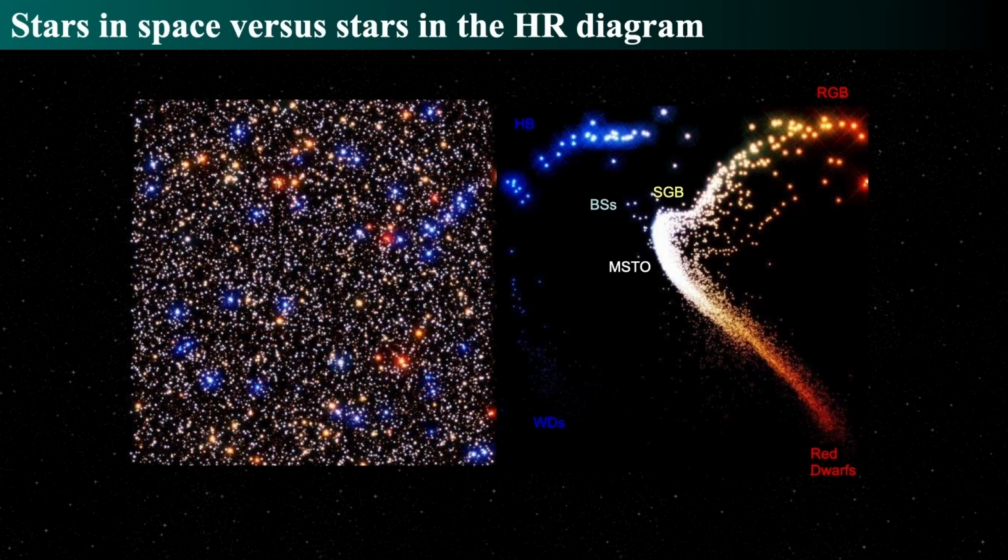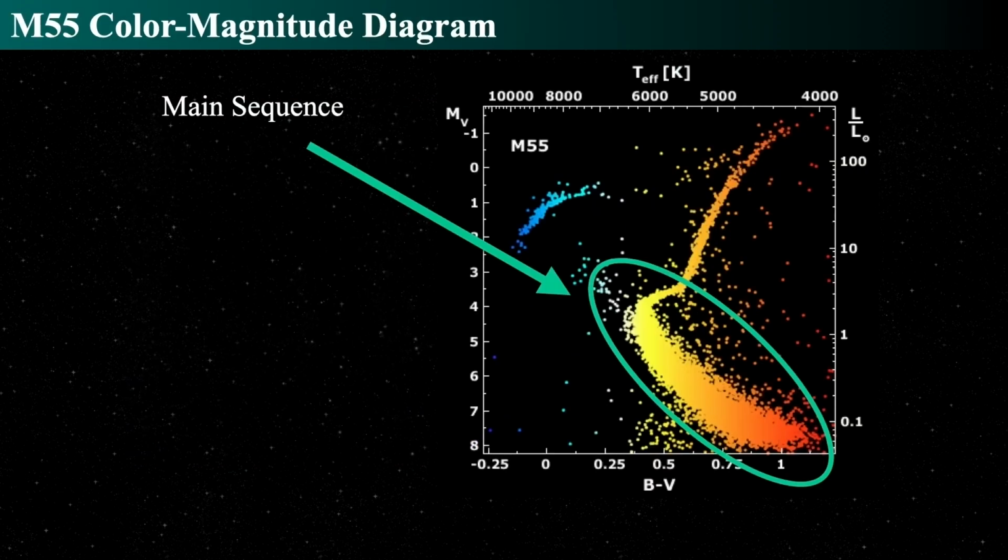And therefore, if we look at the HR diagram, taken by the Hubble Space Telescope group, we see a main sequence turn off, we see the red giant branch, we see the horizontal branch, we see white dwarfs, but most of the stars are red. In fact, all of the stars are red. The reason they look blue in that left-hand diagram is because the image was taken with narrowband filters, and relative blue was taken compared to relative red.